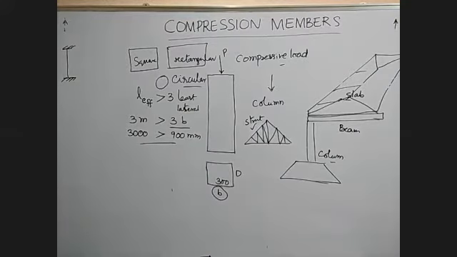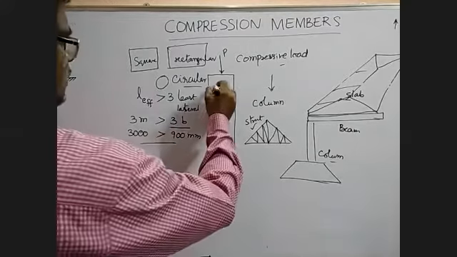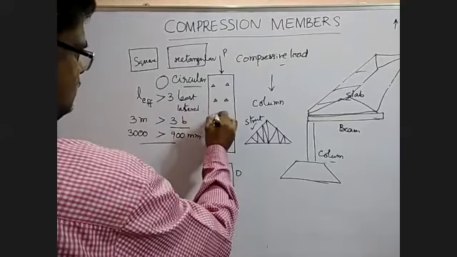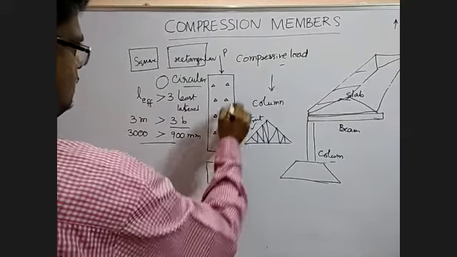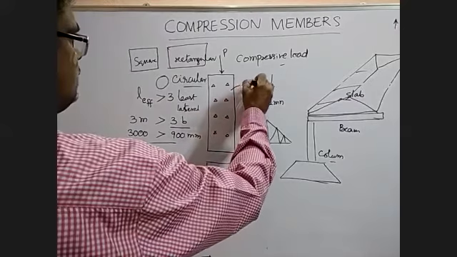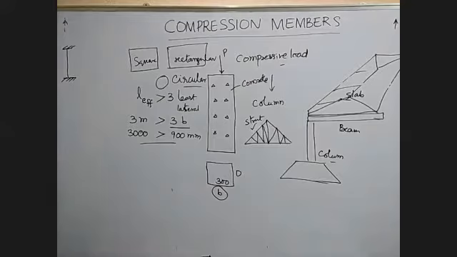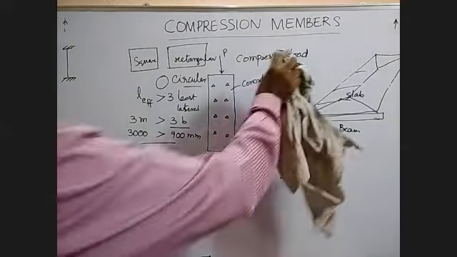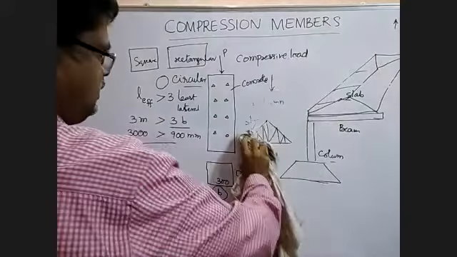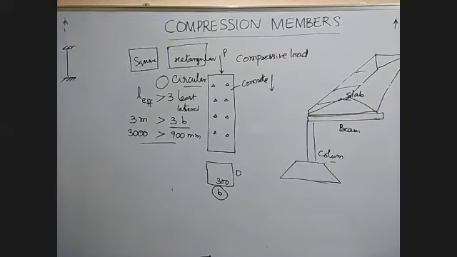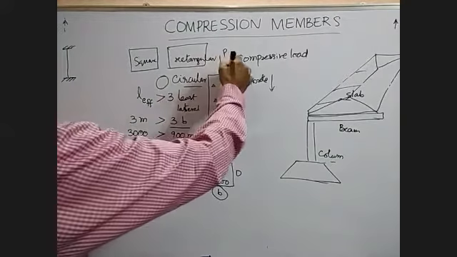Then what is the necessity of reinforcement in the columns? So here you have the concrete. As you all know, concrete is strong in compression but weak in tension. Now, this column is already a compression member.